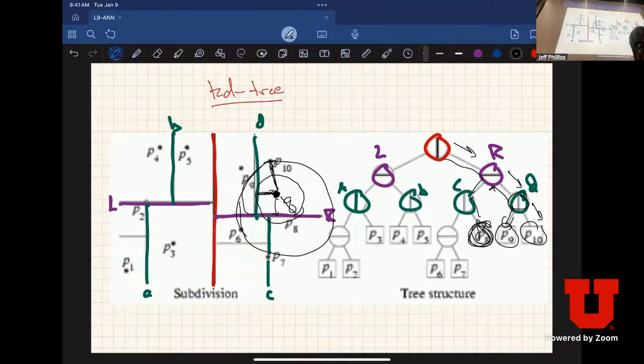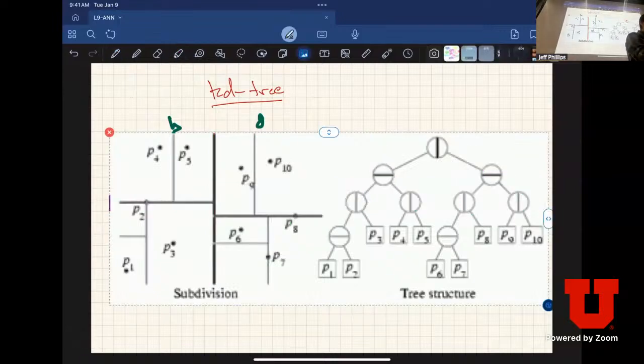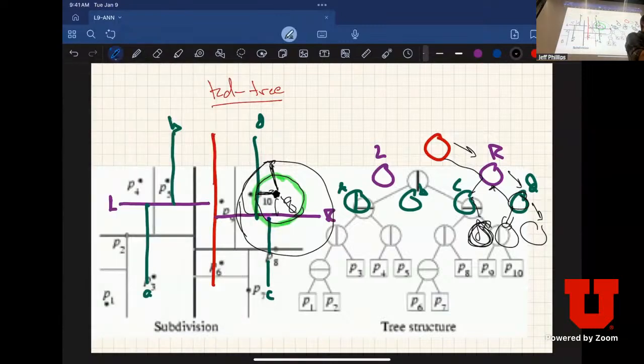So one thing I want to look at here before we go to the next slide is that if I were to look at this distance to P8, and this circle, maybe it's crossed over this line C a little bit, so there's a small zone right here that is crossed over that line.